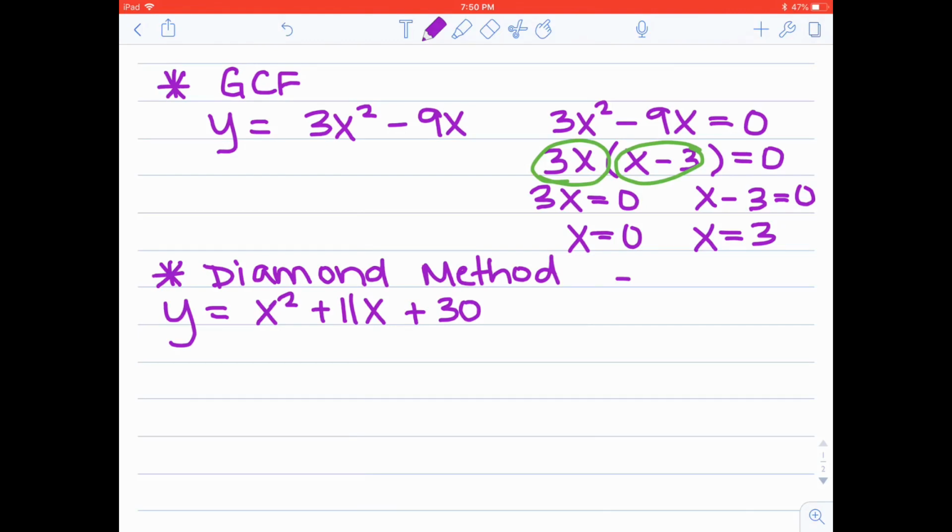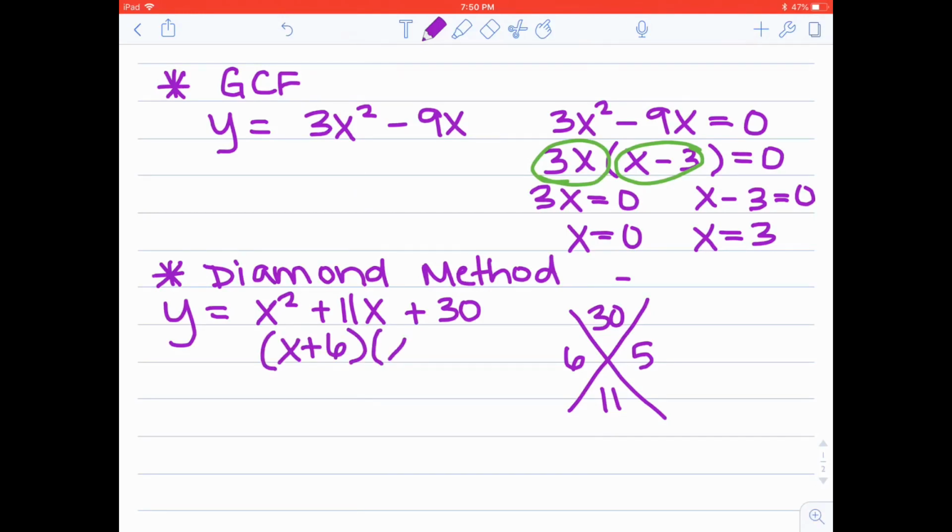So to do this problem, we're going to look for two things that multiply to 30 and add to 11. The two numbers that multiply to 30 and add to 11 are 6 and 5. And so our factors are x plus 6 and x plus 5.